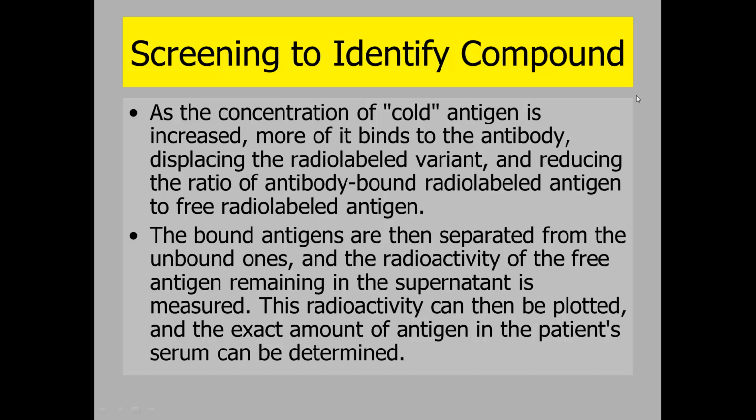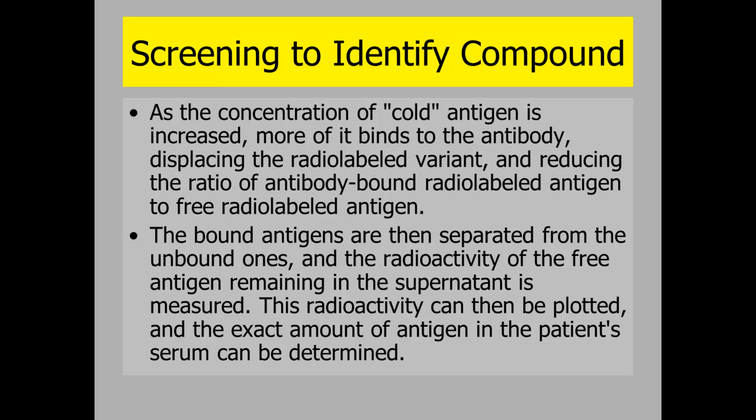So as the concentration then of the cold antigen in the serum of the individual is increased, more of it binds the antibody and displaces the radiolabeled antigen. And it reduces the ratio of antibody-bound radiolabeled antigen to free radiolabeled antigen.